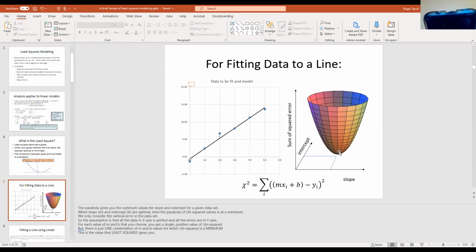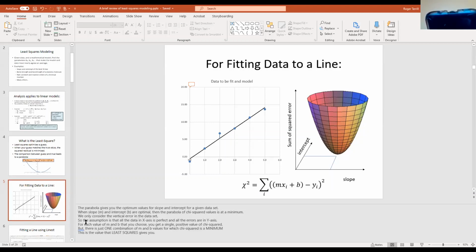And the minimum point on that parabola down here is the point where you have optimized the b values for the fit, right? You've optimized m and b, the slope and the intercept. And that gives you the minimum chi-squared, and that's what we're defining here to be the best fit line.